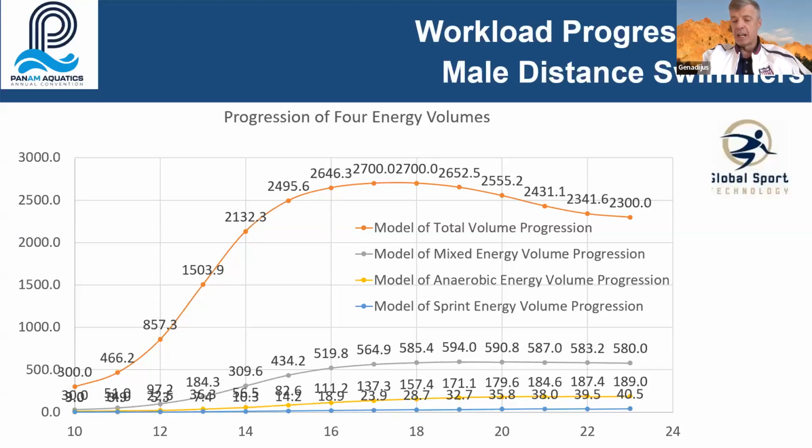And then total volumes go down a little bit, up to the age of peak performance, down to 2,300 kilometers a year. But high energy training volumes should continue to increase, as you see lower in the curves over there, which are the mixed energy zone, anaerobic, and sprint energy zones as well.